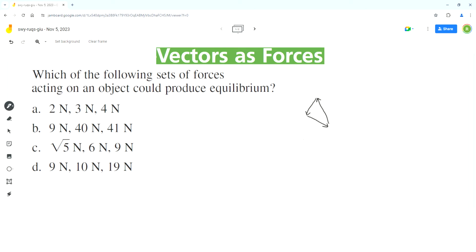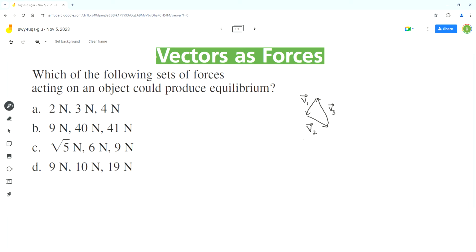Let's assume in this triangle the smallest side length is represented by the magnitude of vector v1 and the middle or medium sized side represents vector v2. So its length is equal to the magnitude of vector v2, and the longest side in this triangle is represented by vector v3. So its magnitude is equal to the length of this longest side.